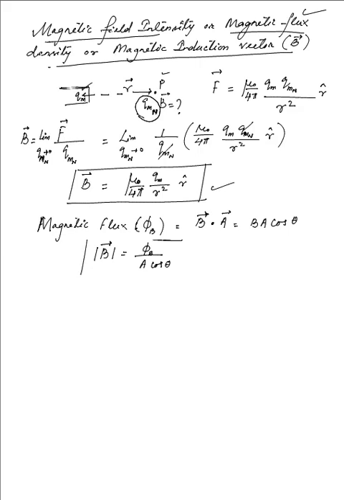Per unit area means we are considering the density, areal density. So that is why we have the magnetic flux density, which is obviously equivalent to the magnetic field intensity that we discussed above. Magnetic induction vector, we will know shortly why it is named so.